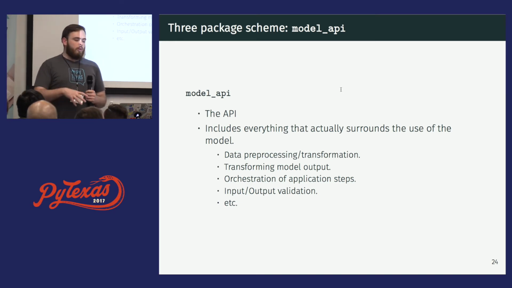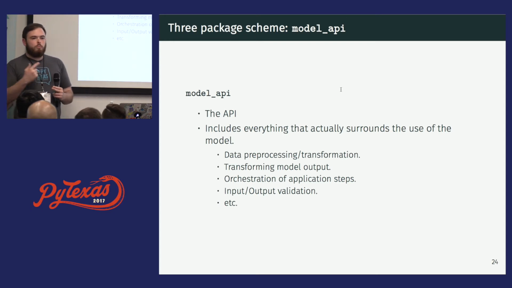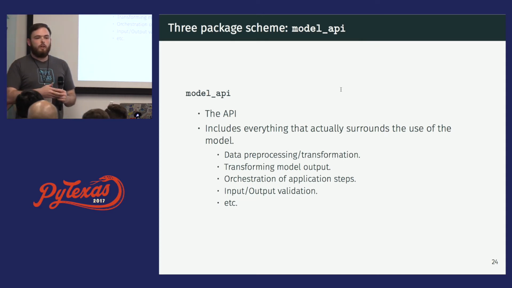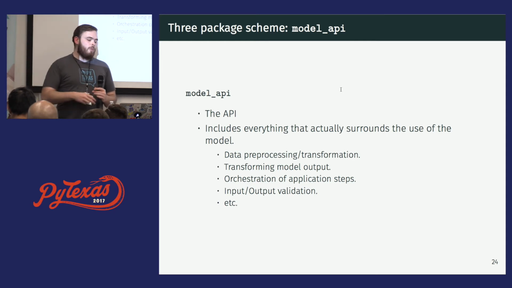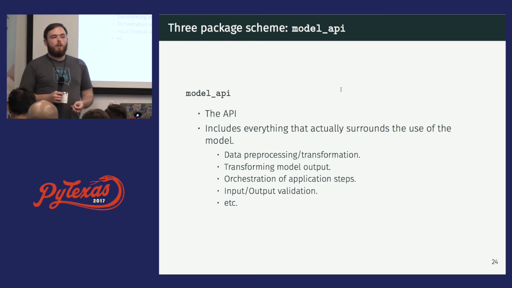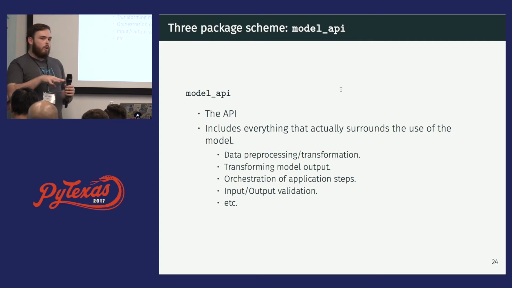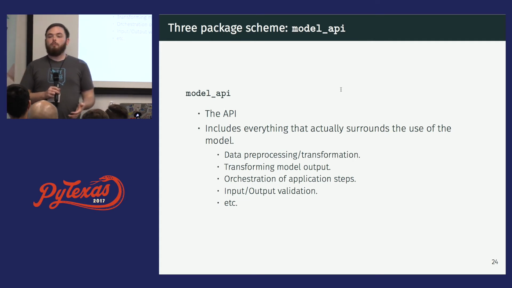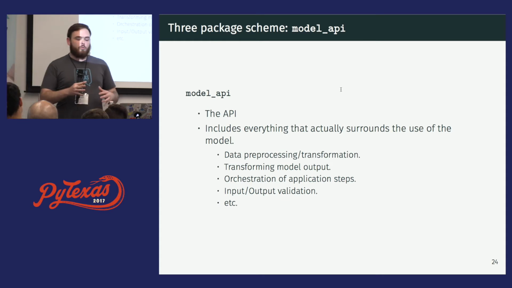This will include everything from the data preprocessing code that you want to apply when you're doing some text analytics, and you want to tokenize some text first before you push it into your model to maybe get a prediction. All the code to orchestrate all these steps. So maybe some input and output validation. That's where all this would go.